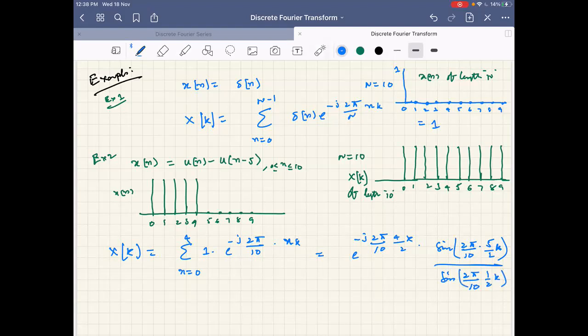I have directly written this, but you can compute the summation and write it. This is the sinc function.